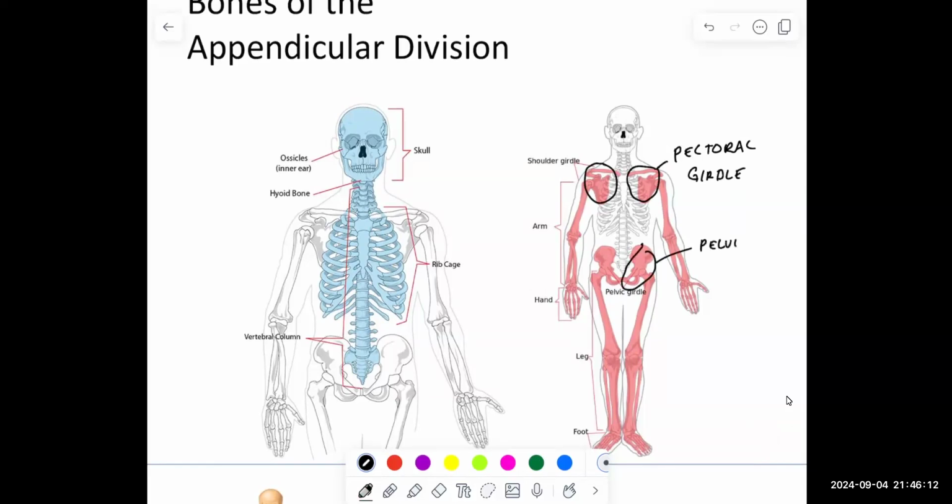Don't forget, those people want to call those part of the axial division. So the shoulder bones and the hip bones are a part of the appendicular division. And the rest of them shown in pink there.